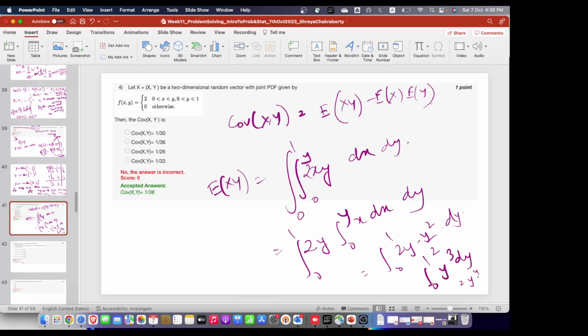This is y to the power 4 by 4 from 0 to 1, equal to 1 by 4.